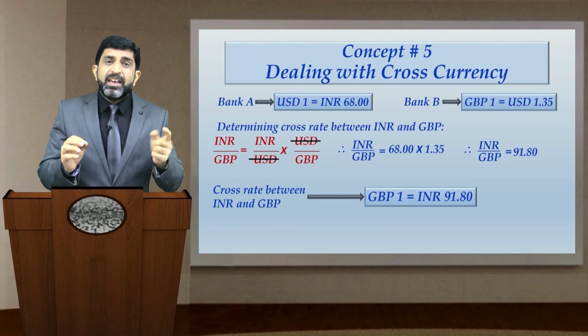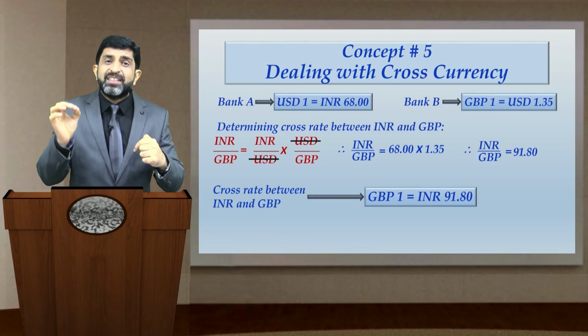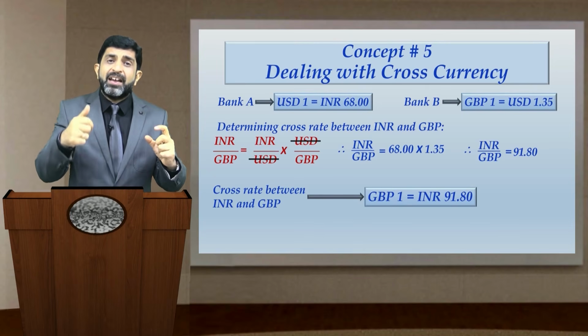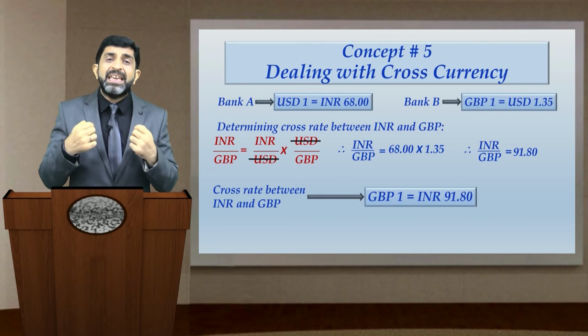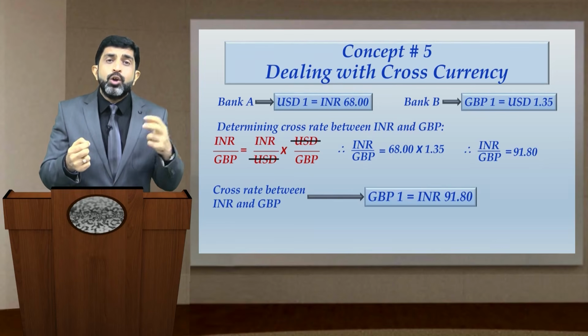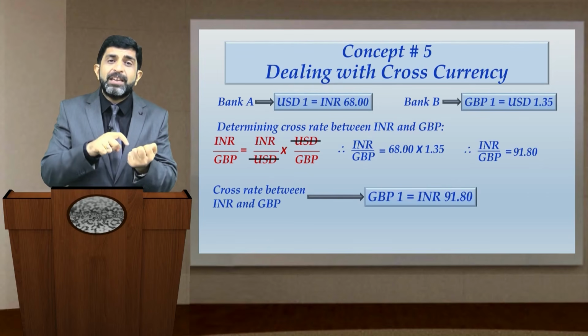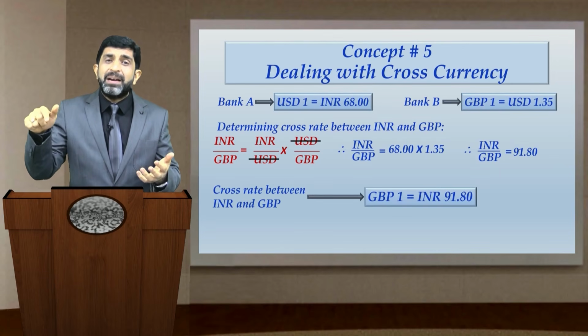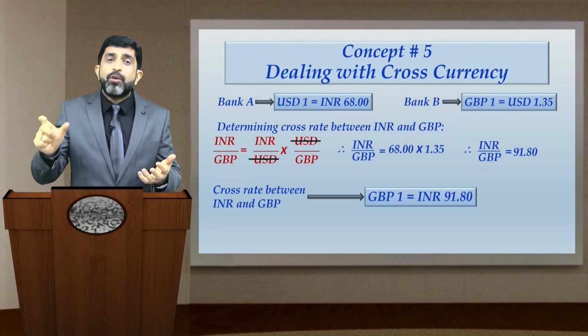Each USD is costing me rupees 68. That means for each USD, I have to pay INR 68. So how many Indian rupees would I pay to buy 1.35 USD? Obviously, 1.35 multiplied by the rate of US dollar, that was rupees 68.